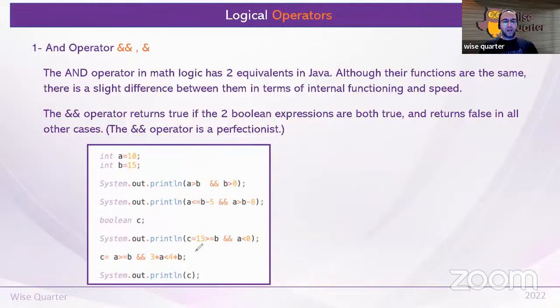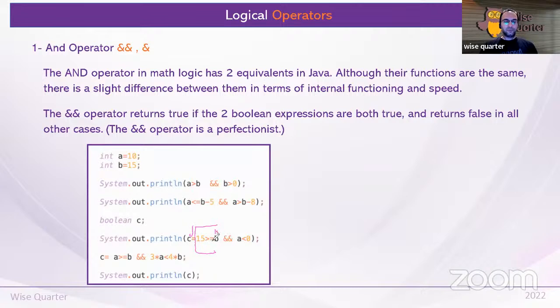This one, let's try to print the result of this, whatever it is. We have an equality symbol, an AND operator and another statement. There is an equality symbol, so we should calculate the right side of it first. 15 is higher or equal to B. B is 15.